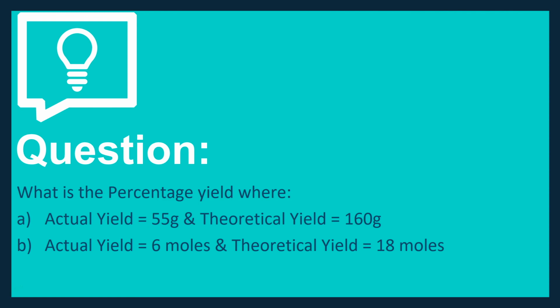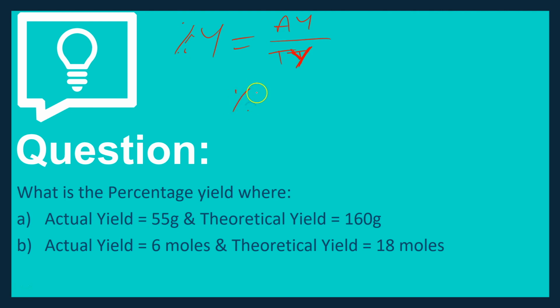Okay, so this is our lucky last slide and our lucky last question. Let's get into it. So for our first one, we want to work out our percentage yield. So I'll go percentage Y for percentage yield. This is going to be our actual yield divided by theoretical yield, so TY.